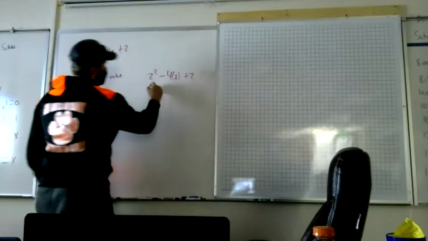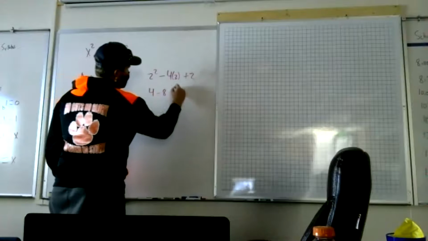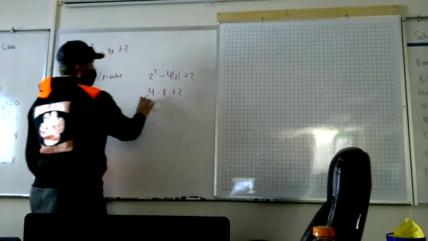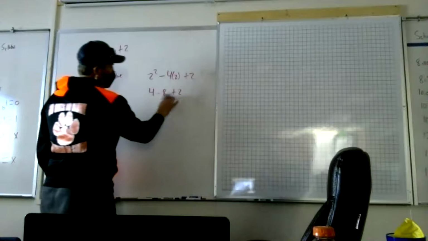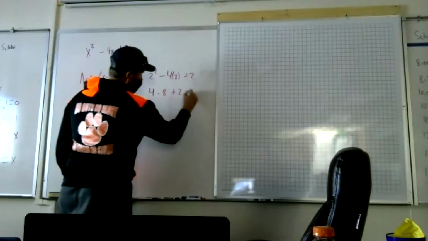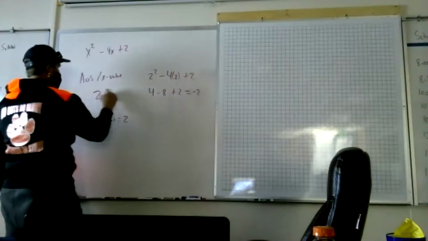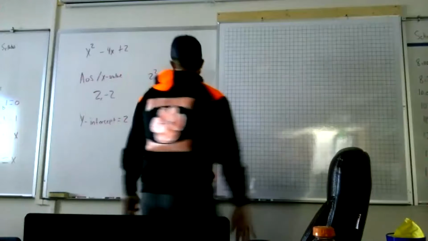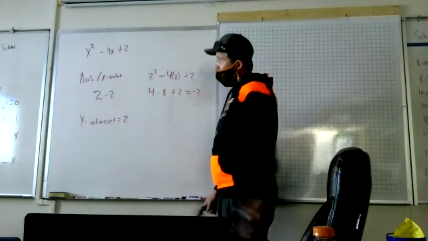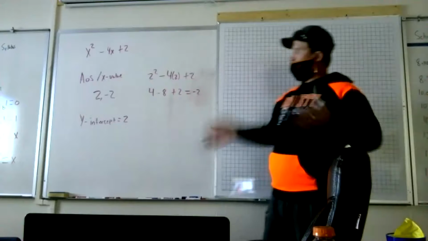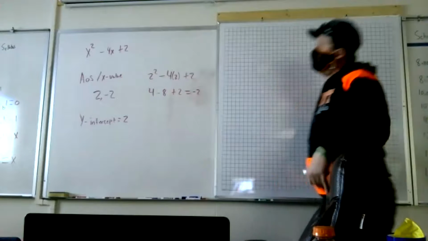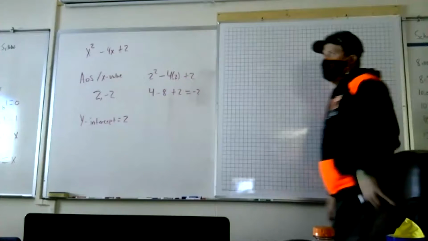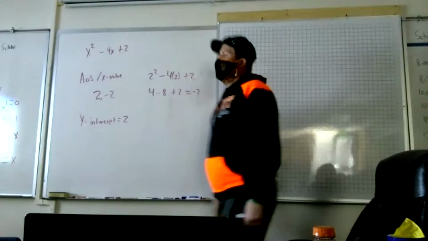So 2 squared is 4 minus 8 plus 2. 4 minus 8 is a negative 4, plus 2 is a negative 2. So the location of my vertex is (2, -2). That will also be my minimum value because my a value is positive, so my graph is opening up. My axis of symmetry is at the x value of 2. The y-intercept is at (0, 2).